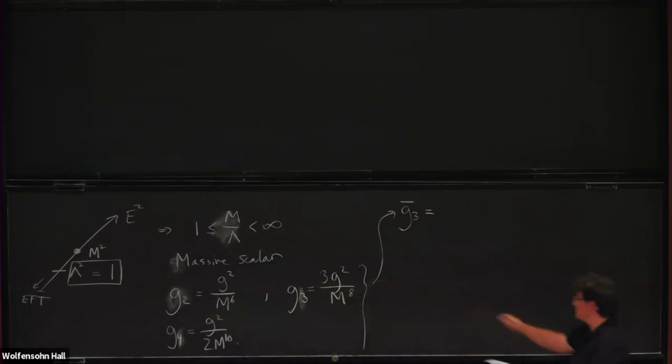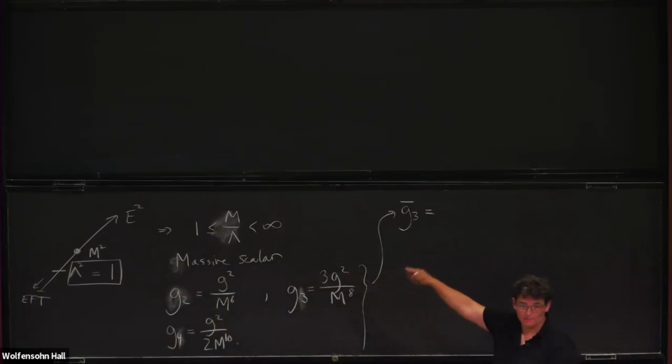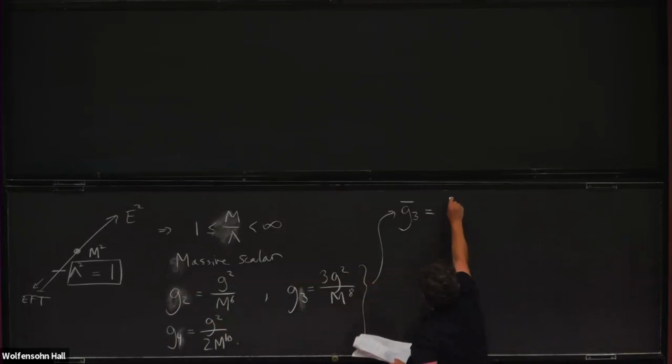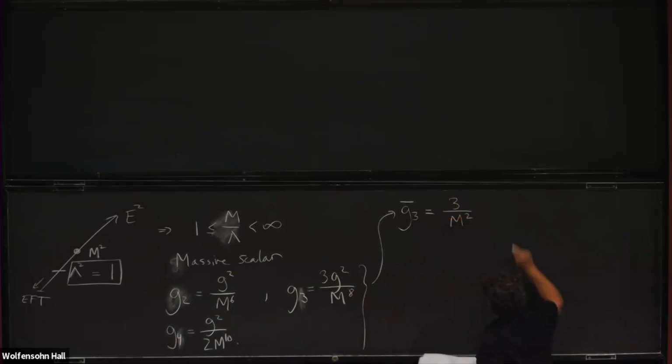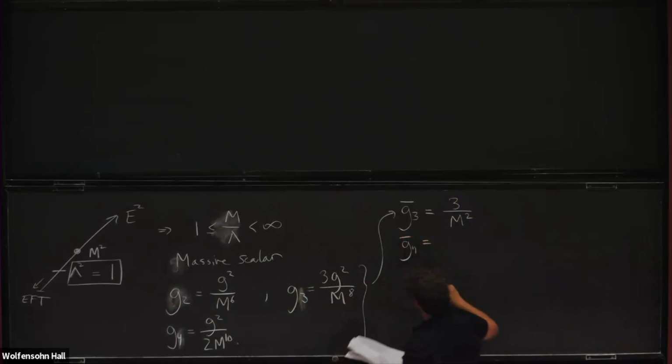So G2, G3, G4. G3 bar is G3 divided by G2. So the G squared scales out, which is what we want. We don't care what that number is really. And then we get a number which is 3 divided by m squared. And likewise, G4 bar will be 1 over 2 m to the 4 when I divide out by G2.